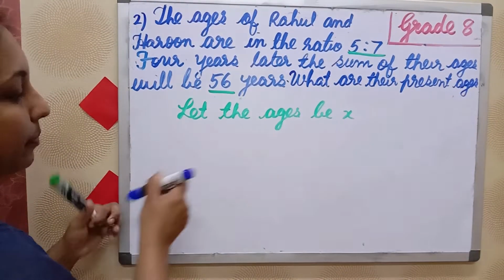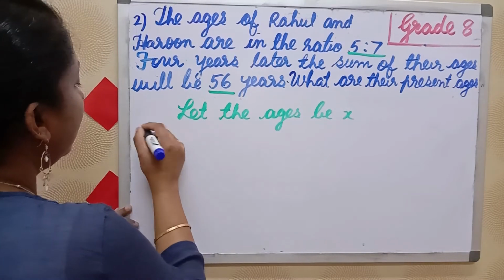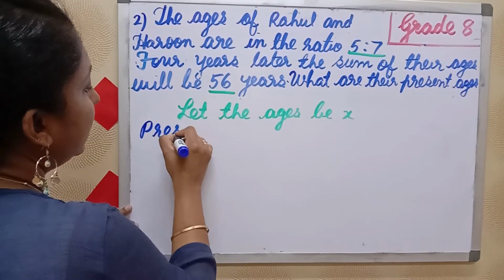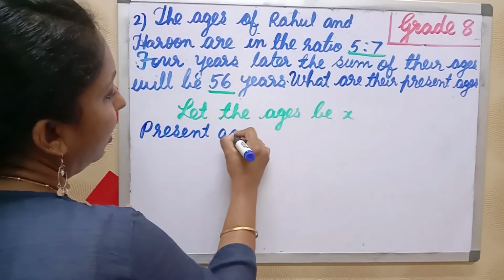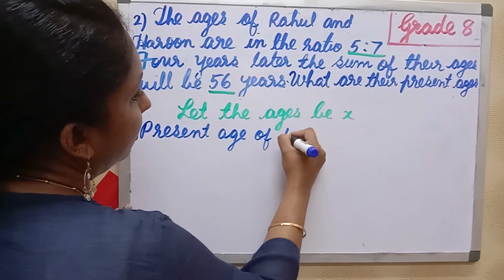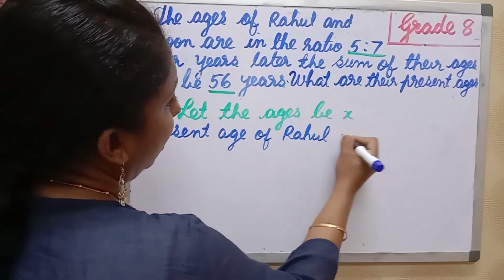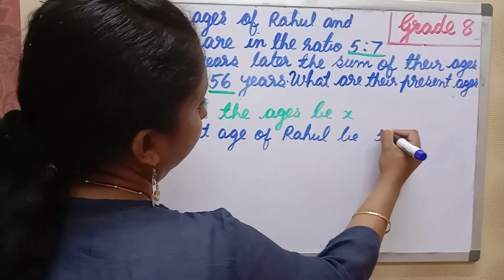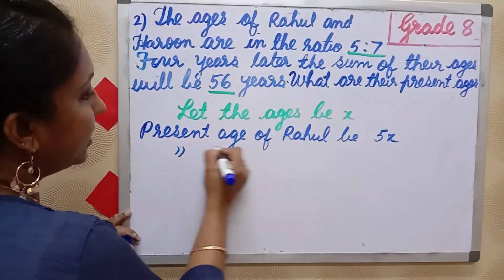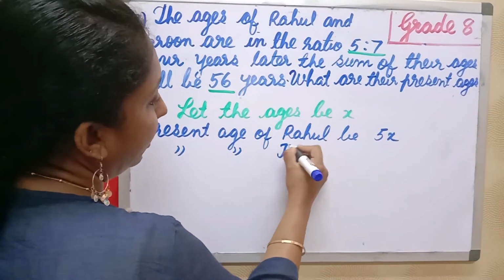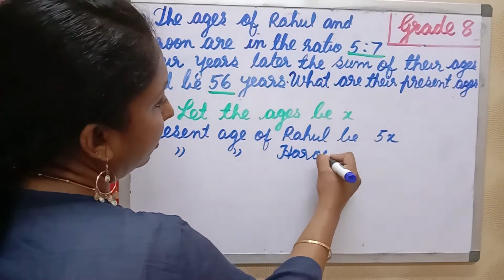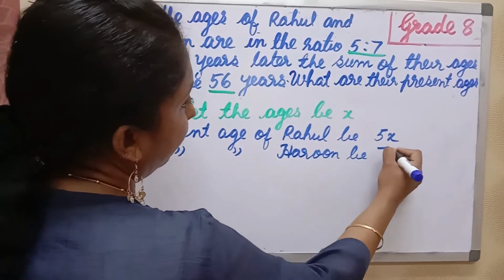Then the present age of Rahul be 5x, and the present age of Harun be 7x.